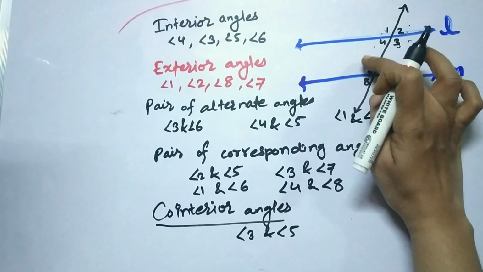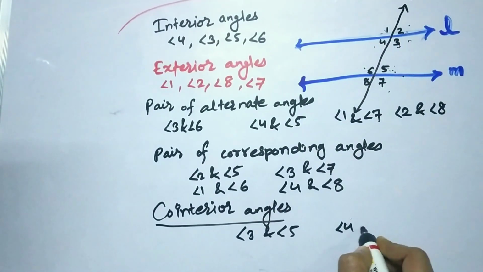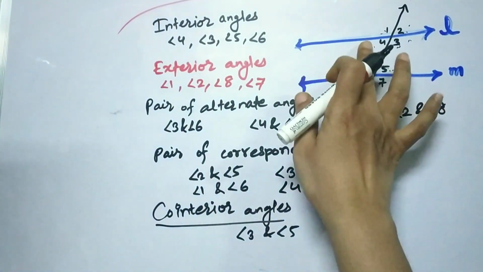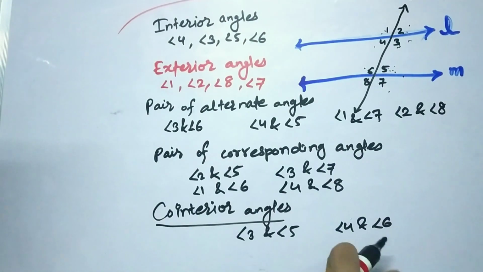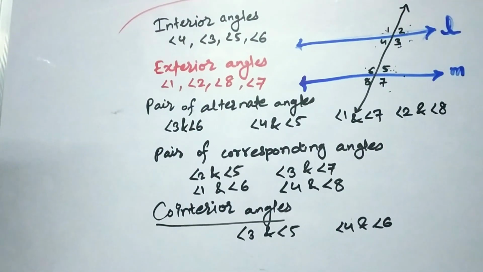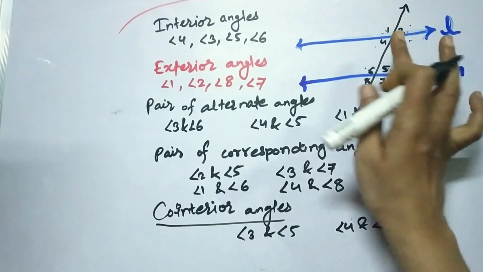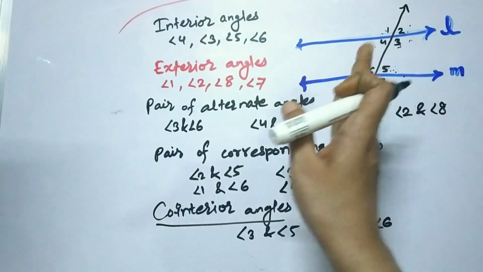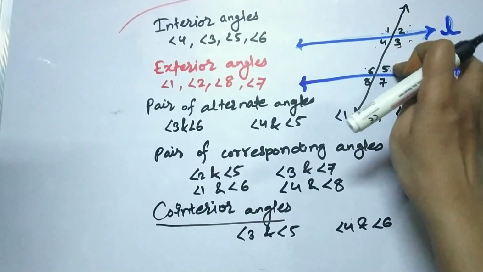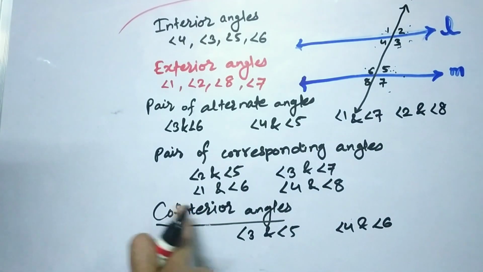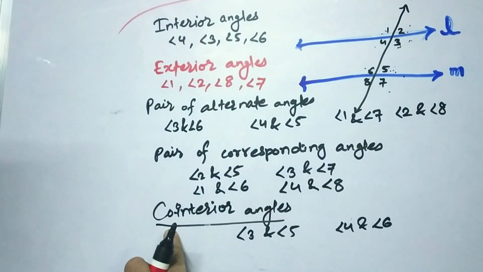In the same way 4 and angle 6, these are also co-interior. Friends, why are these called co-interior angles? Because they lie on the same side, like this side or this side, and they are in the interior region. That's why they are interior plus on the same side of the transversal. That's why they are called co-interior angles.